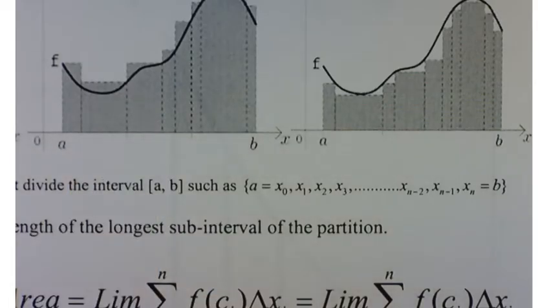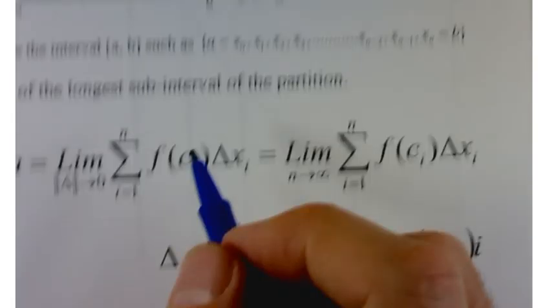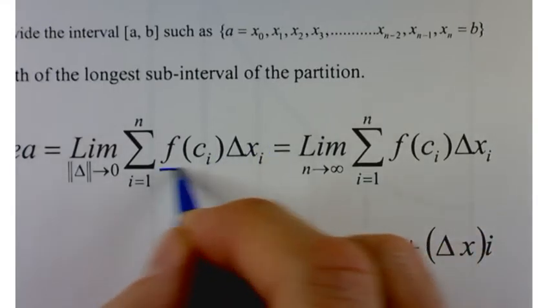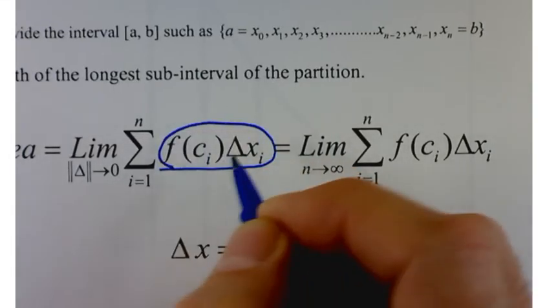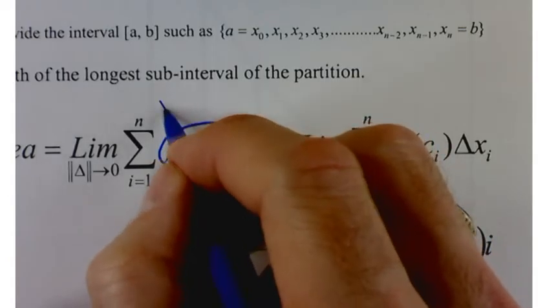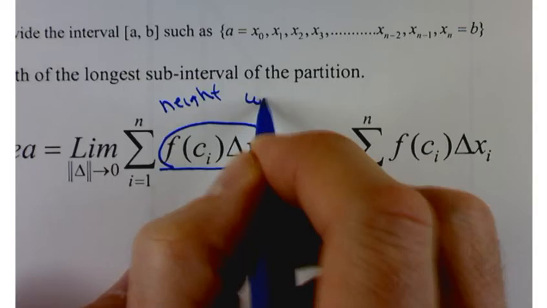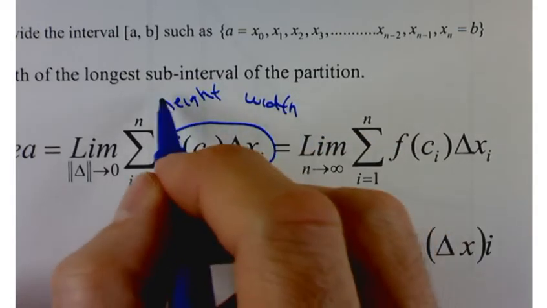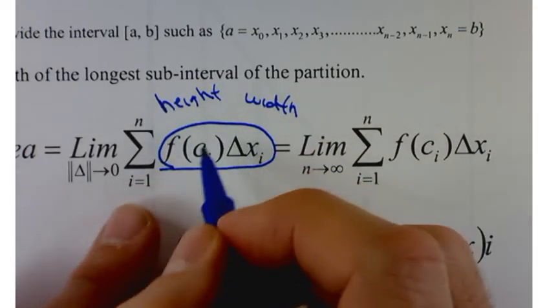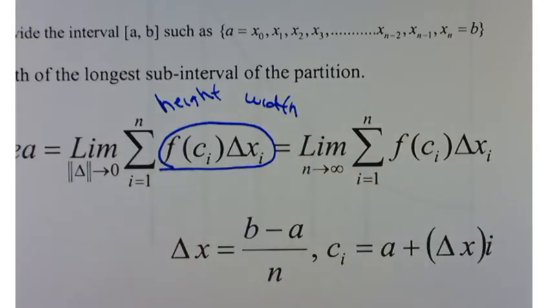There's going to be two parts to that expression: the width and the height. The expression for that is right here. That's your height times the width. Together, the height times the width gives you the area of one of those rectangles.